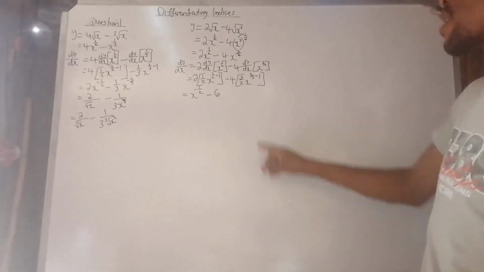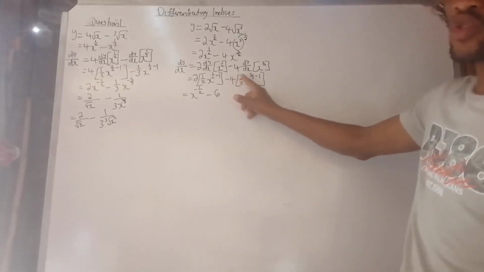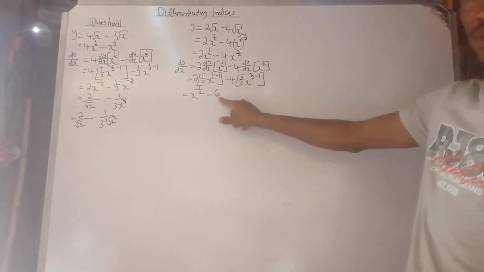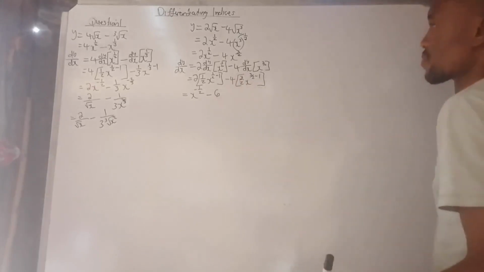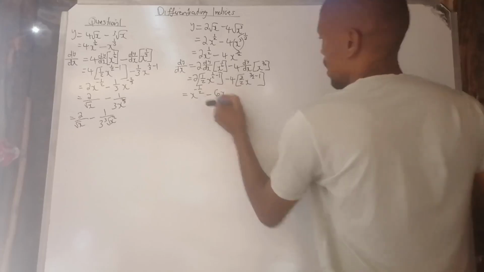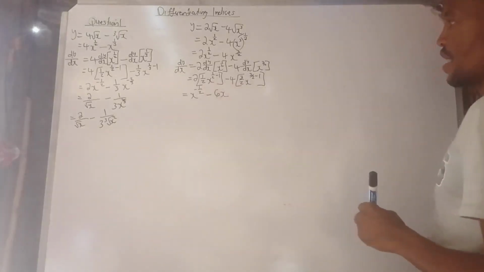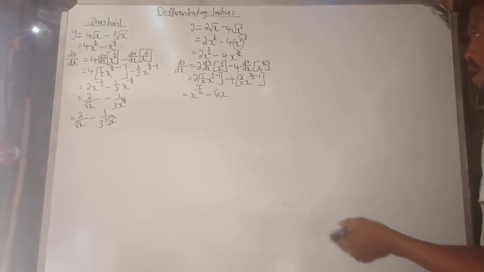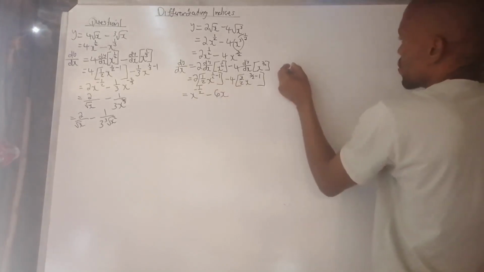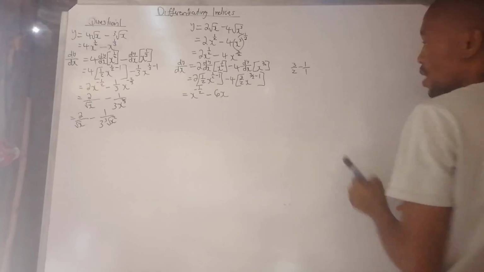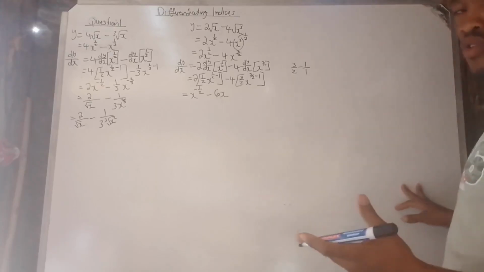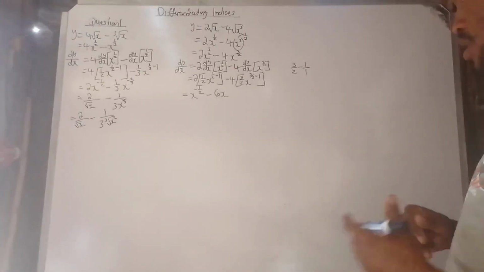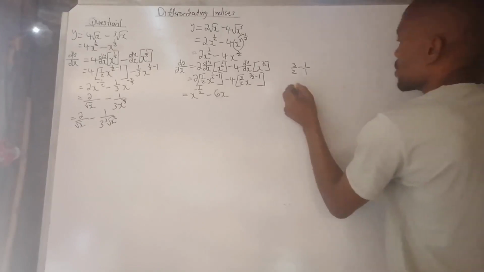This is the same as saying 4 times 3 is 12. 12 divided by 2 is 6. And then we have our x to the 3/2 minus 1. So we have 3/2 minus 1 over 1. LCD is 2, because 2 into 2 goes once, 1 into 2 goes 2 times.